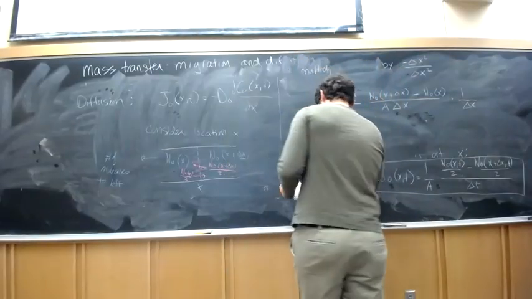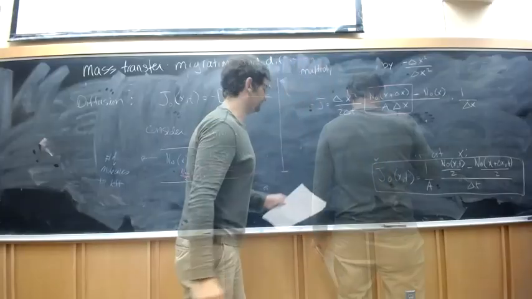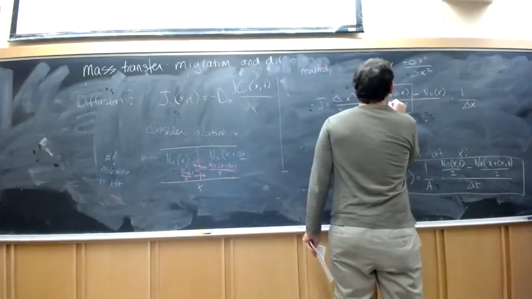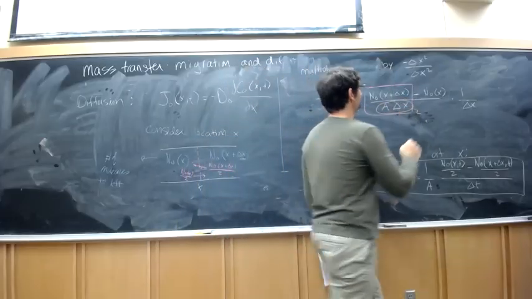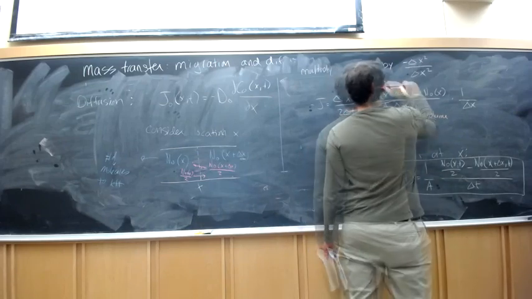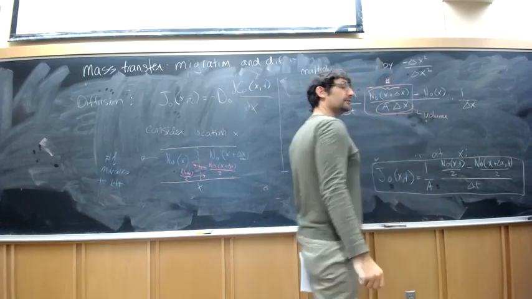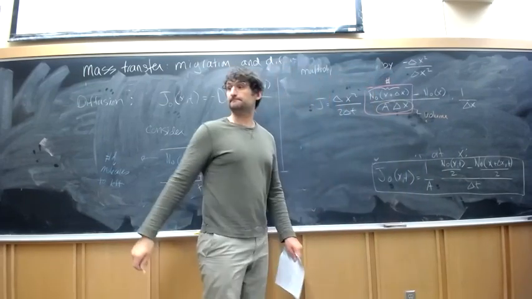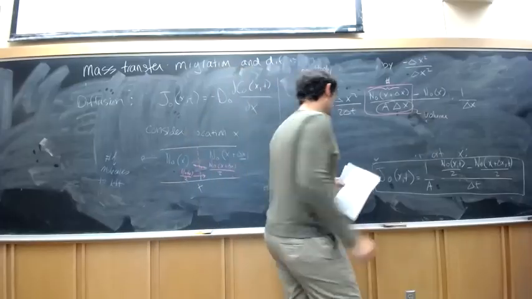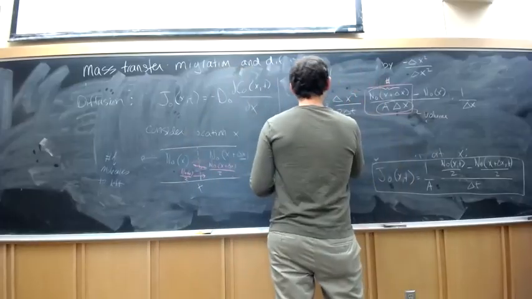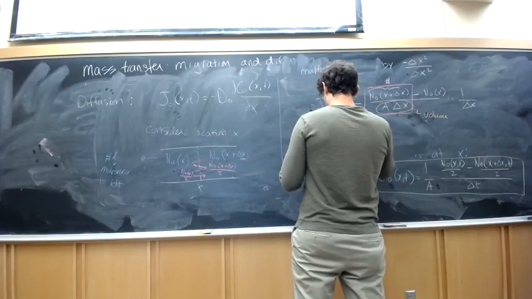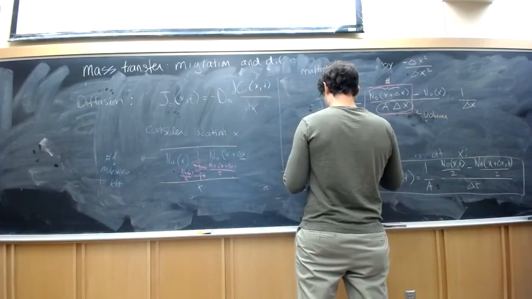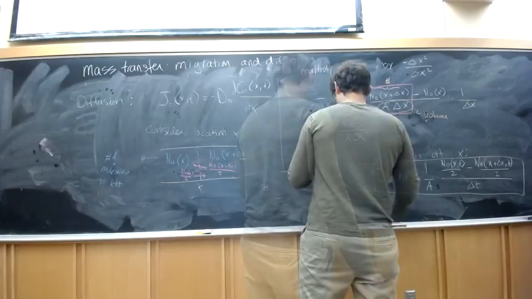And this term here, what is this term at the bottom? Well, that's a length. That's a volume. And this is just a number, right? So that's a concentration. That's right, that's a concentration. So we define C_O equals N_O over A delta x.